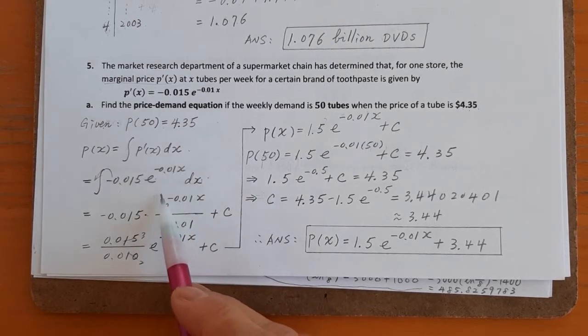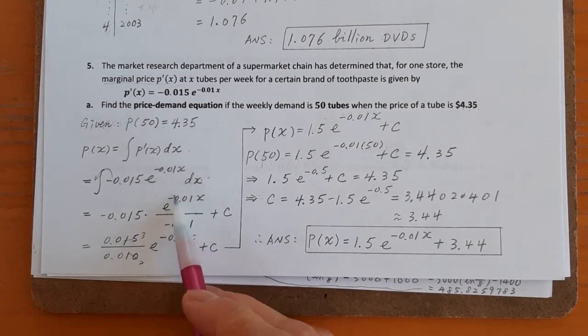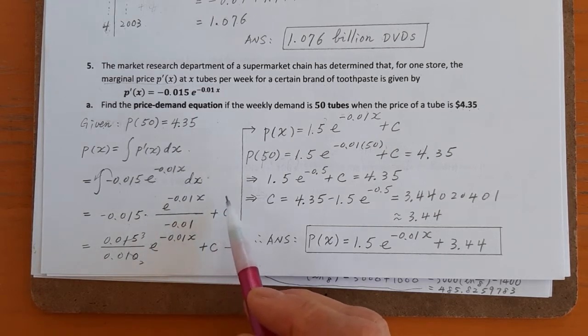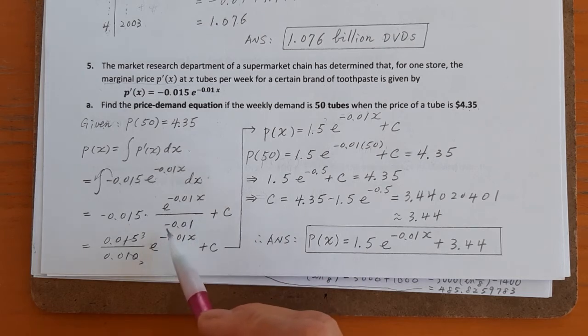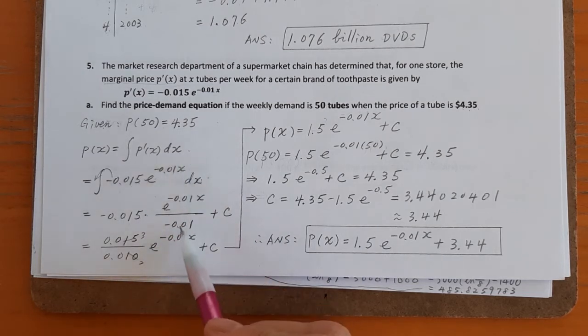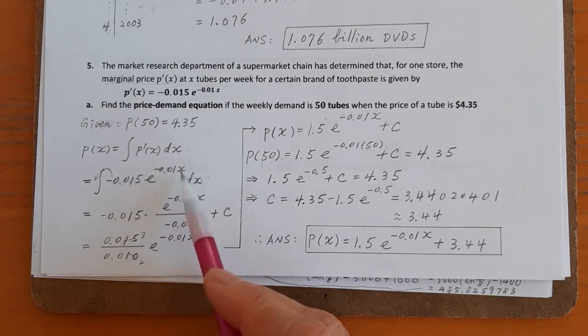Because taking the derivative, it is still e, by the chain rule, times negative 0.01, which cancels with the denominator, then goes back to this.